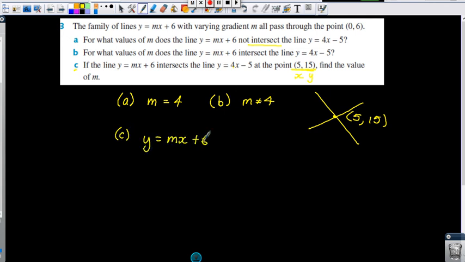All of this is basically saying that 5, 15 lies on this line. It lies on it. Yes? This is your x, this is your y, so we just slap it in. 15 equals 5 times m plus 6, and we should now be able to solve.